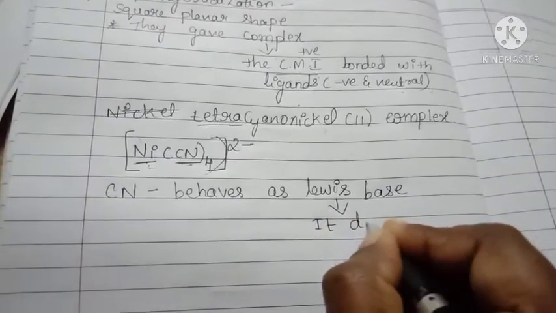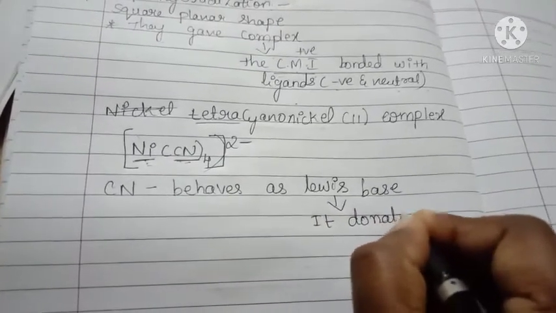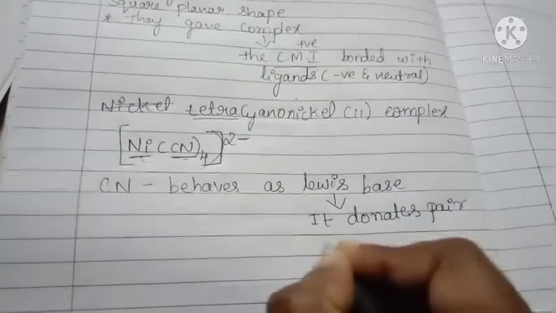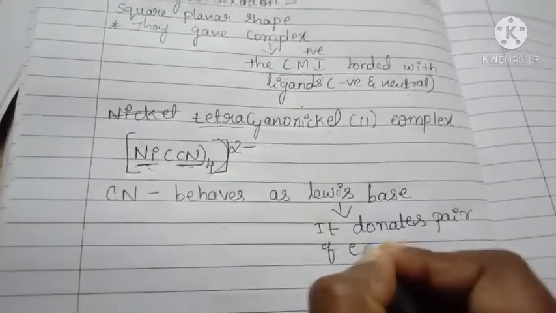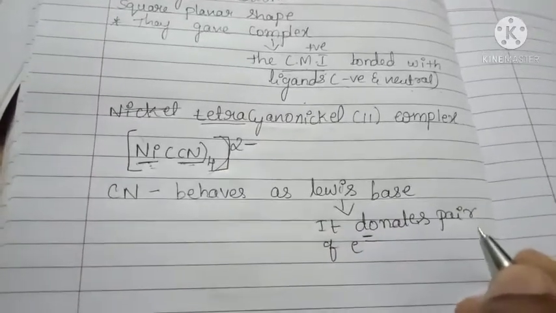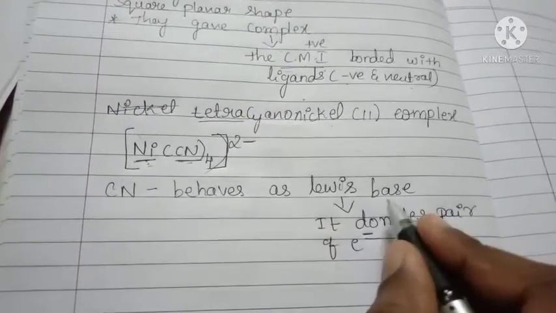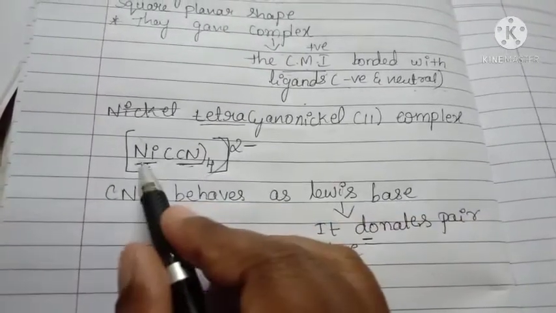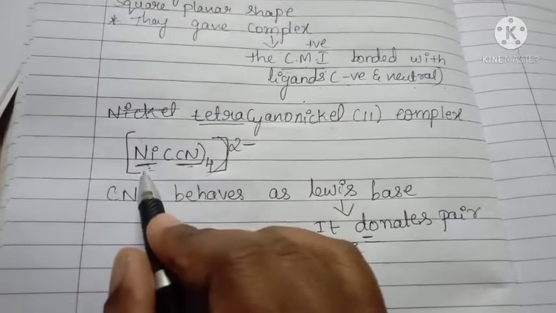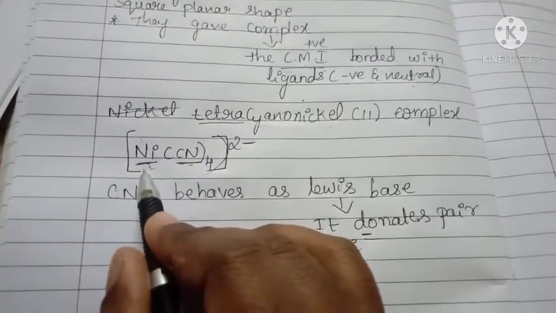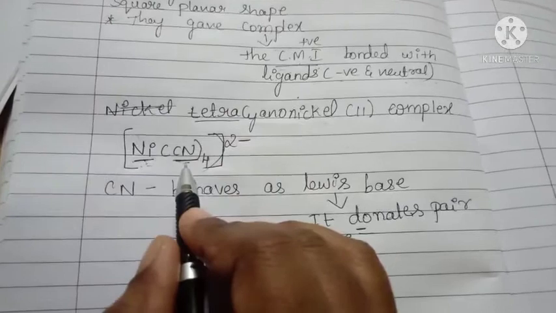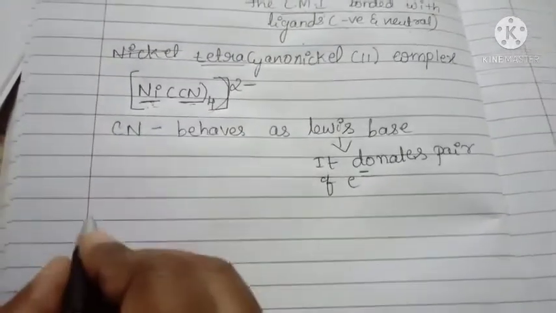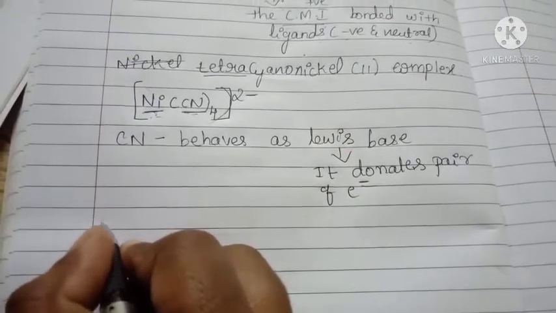Lewis acid accepts a pair of electrons. Lewis base means it donates a pair of electrons. So cyanide donates a pair of electrons to bond with the nickel. Here nickel does not donate a pair of electrons. Here you have to know how the bond will form.